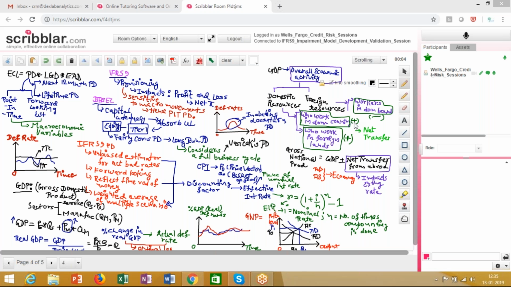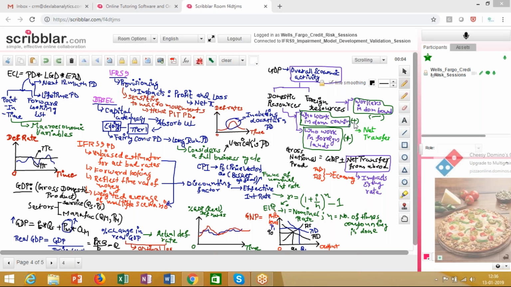But one challenge with GDP is that it does not consider the net transfers from abroad. Now, if you want to have an actual idea about the income of the nation, it is the gross national product that we need to look at, right? It is the gross national product which adjusts the GDP for the net transfers from abroad.